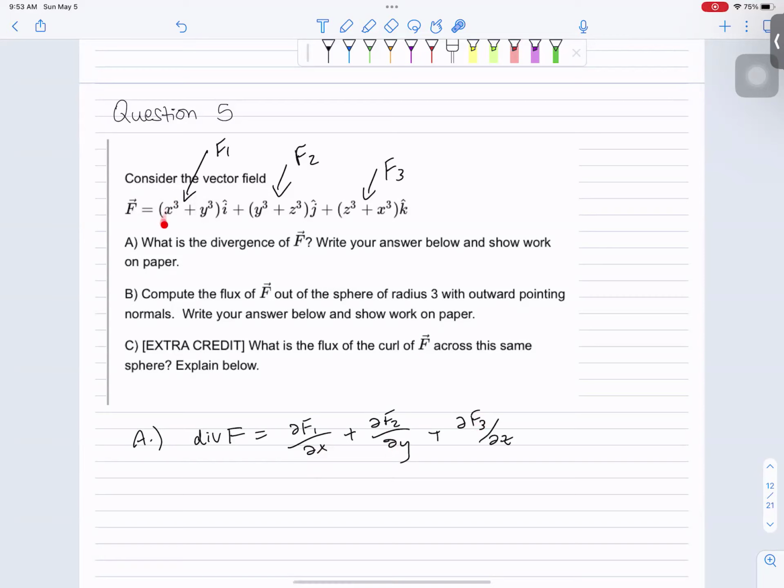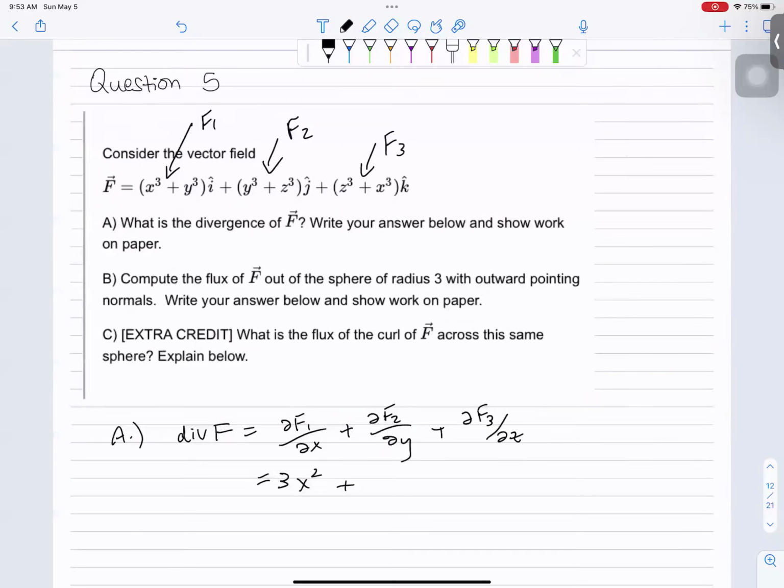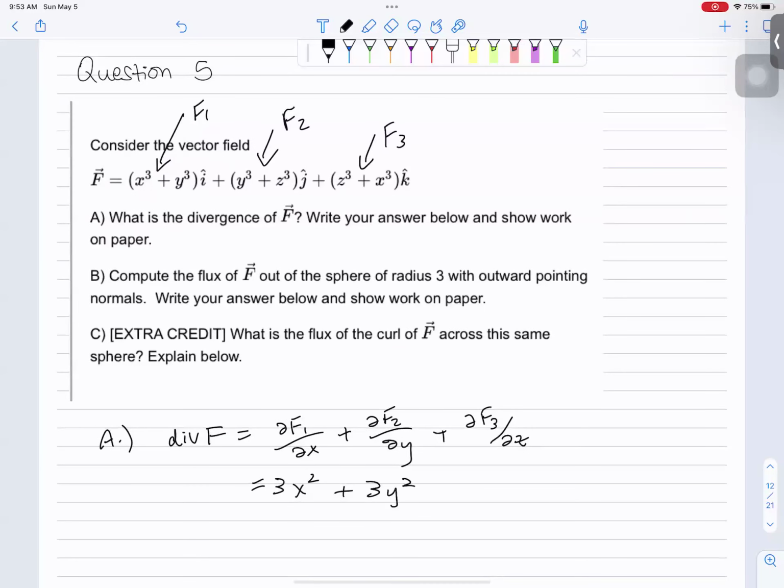What do I get? Partial of this with respect to x is 3x squared. Partial of this with respect to y is 3y squared. And finally 3z squared. This is my divergence of F.